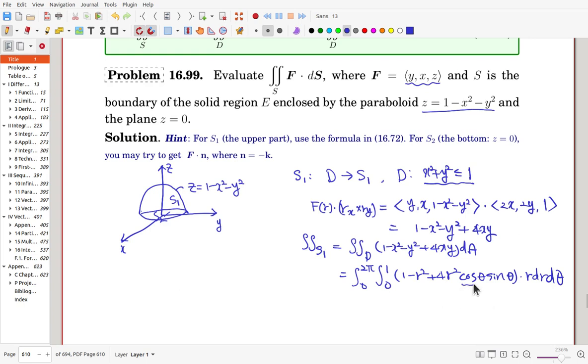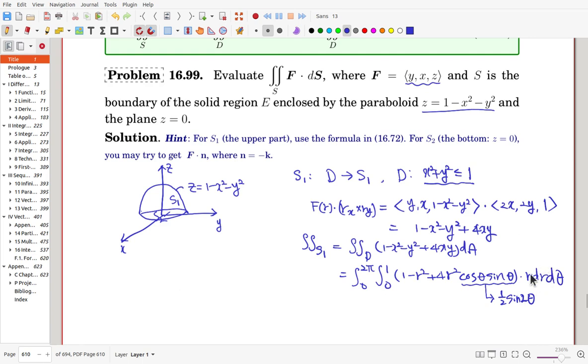Now we have to get the integral. So we may consider the parts separately along with the r multiplication. But when we do, there is a theta component. This one is the same as half sine 2 theta.